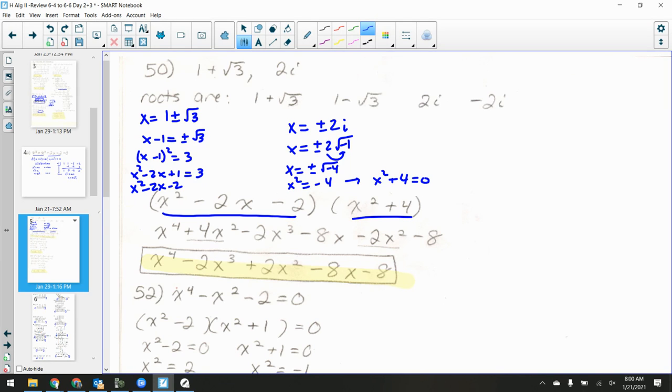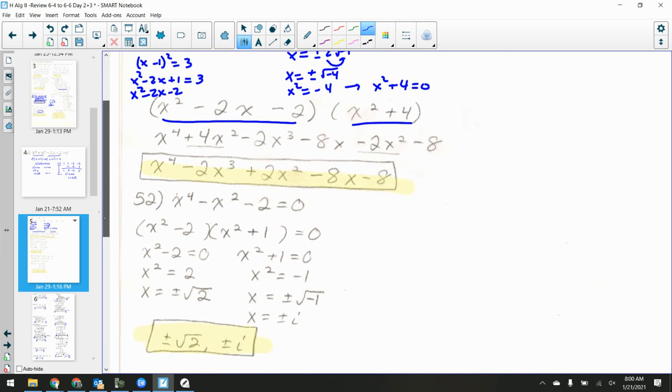Okay, let me scroll down a little bit. There's the rest of 52. Number 52, that's that weird one where I would have said, replace a in for x squared. You would have gotten a squared minus a plus 2, which is a minus 2a plus 1, which will factor into x squared minus 2, x squared plus 1.